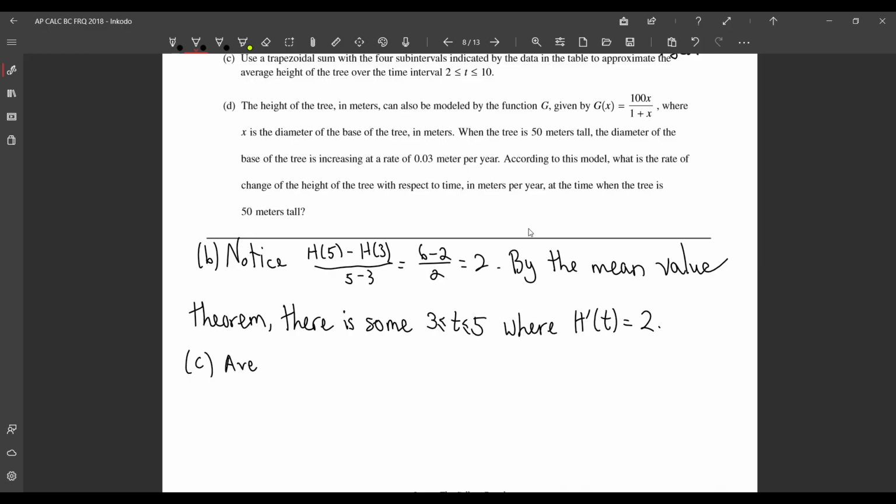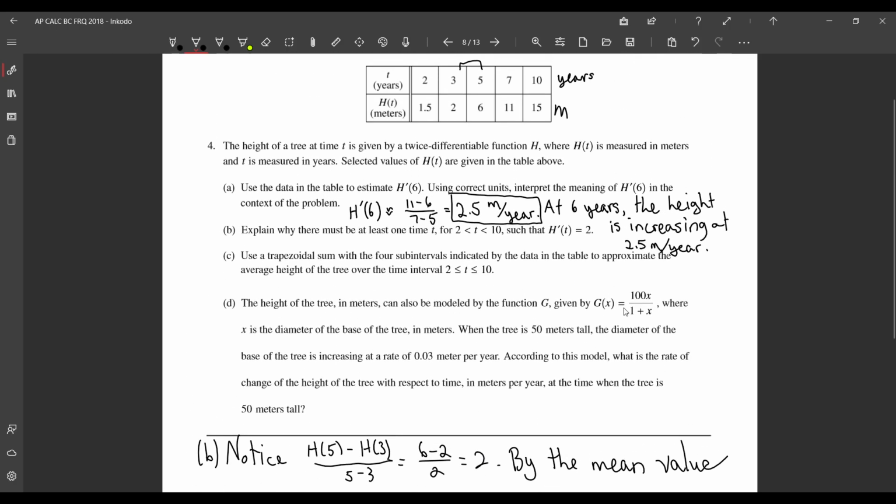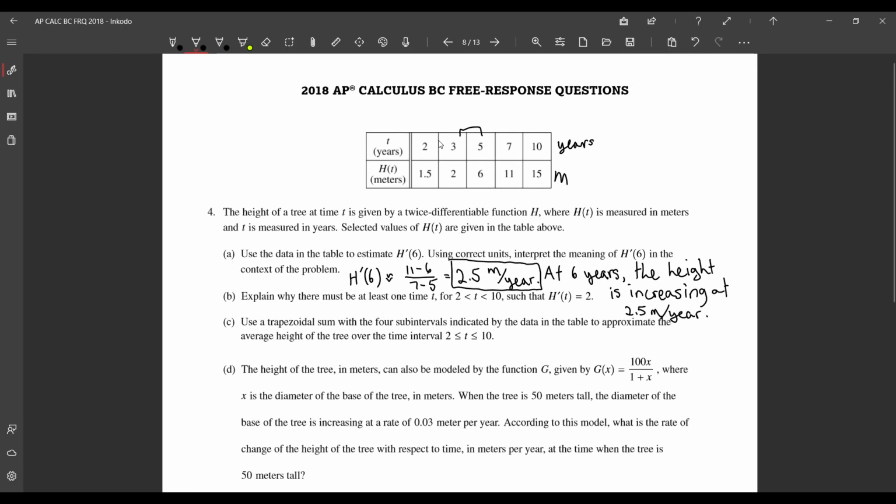So the average of h of t is going to be 1 over 10 minus 2 times the integral from 2 to 10 of h of t dt. So this is going to be 1/8, and then we have to approximate the integral using the trapezoidal sum.